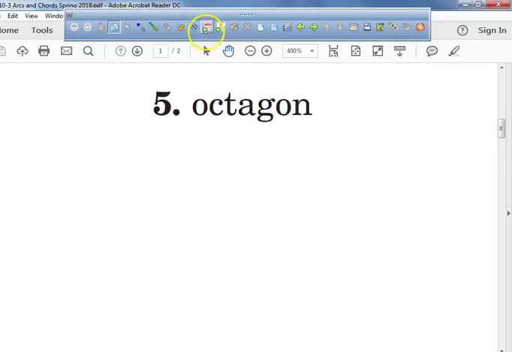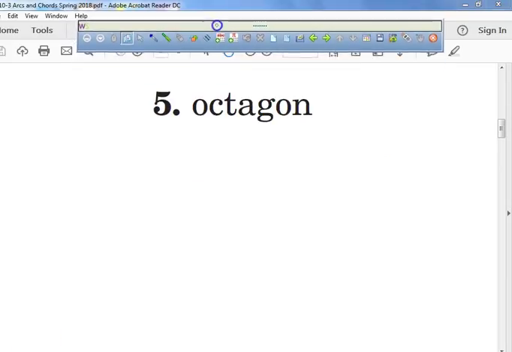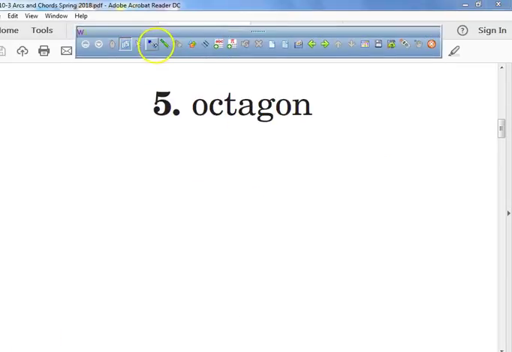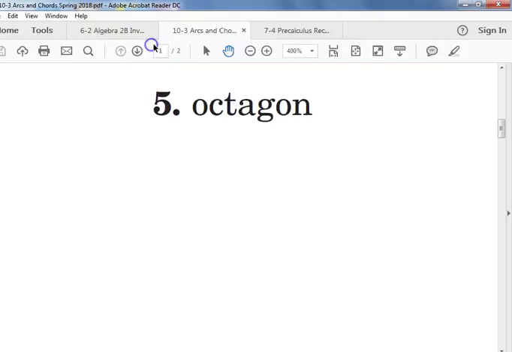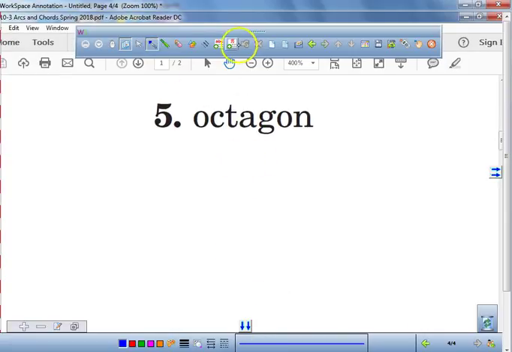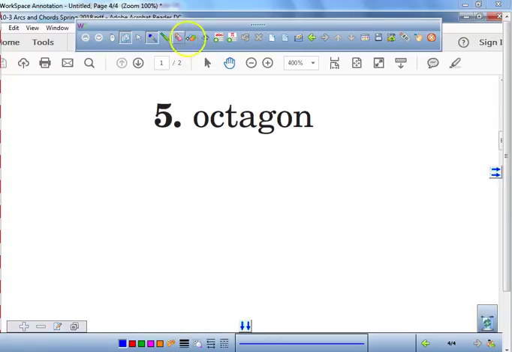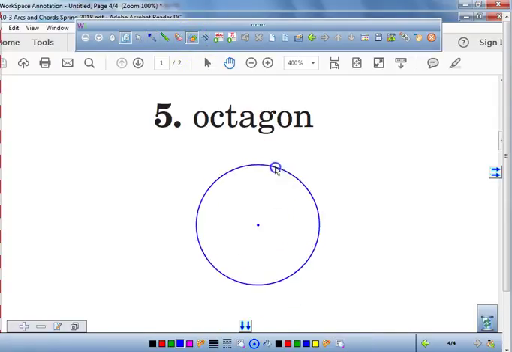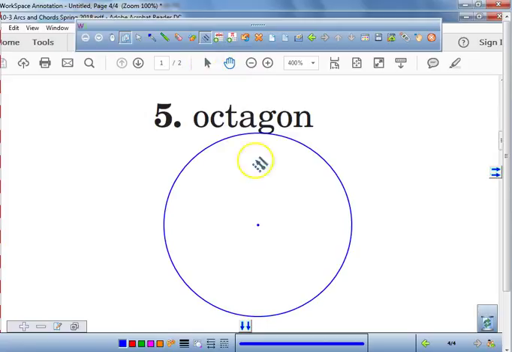Good luck. All right, here's a very quick and easy way to do an octagon. All you have to do is draw your circle. I'm going to make it a little bit thinner line here. So here's how I did my octagon.